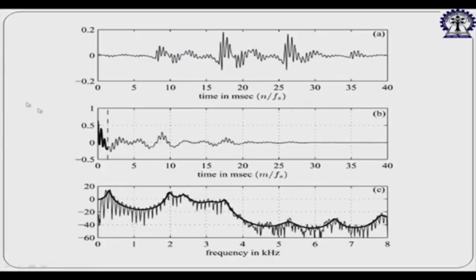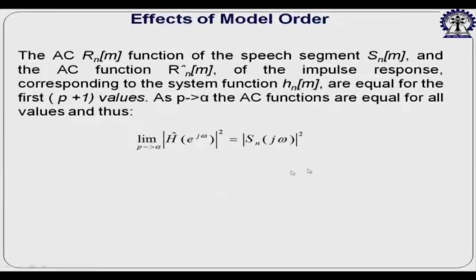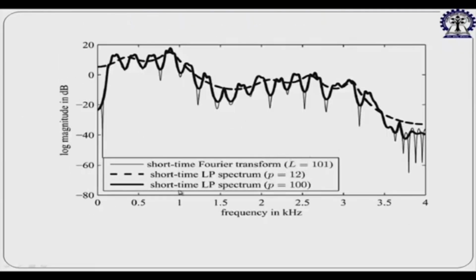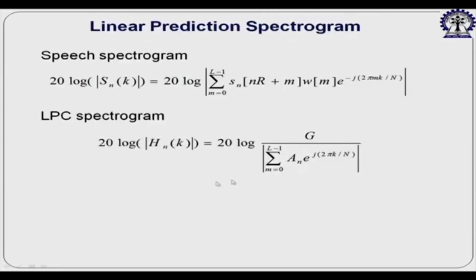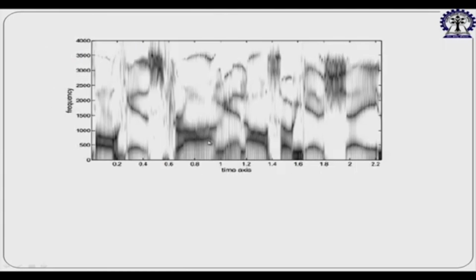This is called the LPC spectrum, and then there is the LPC spectrogram. This is the frequency analysis equation; you can go through the slides. I have not described this frequency analysis equation in detail. This is the LPC spectrogram, because here, if you see, the formants are much clearer. How is it plotted?